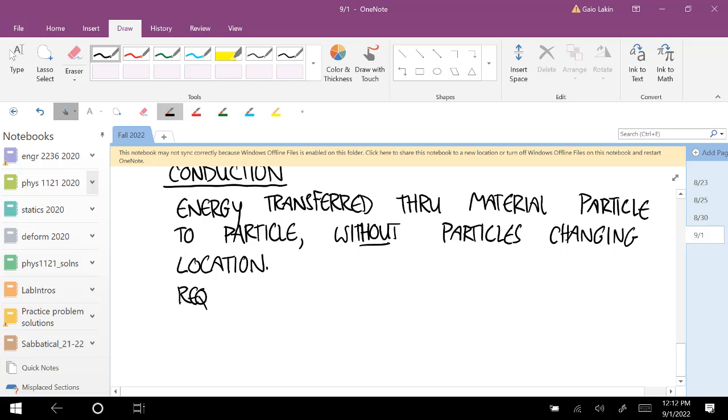This requires a medium. You can't have conduction through empty space. The sun cannot transfer energy to the earth through conduction.